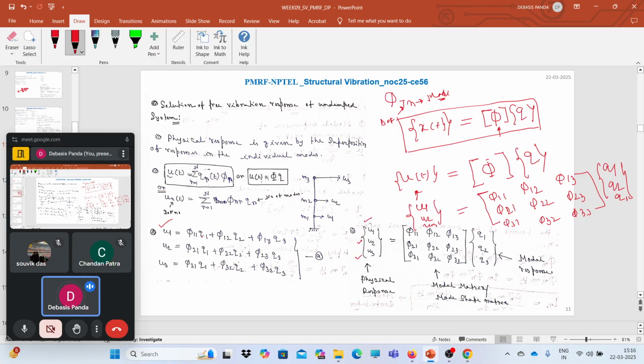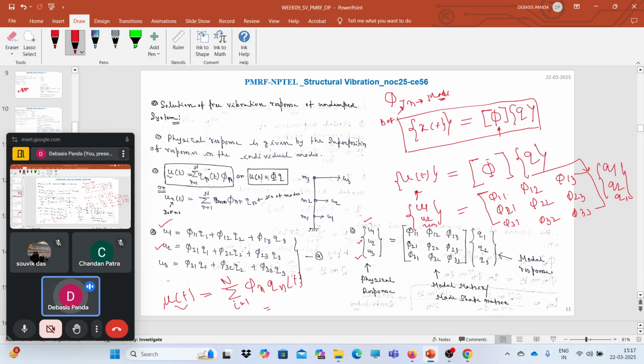Now if you equate, your u1 will become phi 1 1 q1. Just do the matrix operation: multiply in that direction, phi 1 1 q1, phi 1 2 q2, phi 1 3 q3, and so on. Now if we want to calculate the response of the second degree of freedom, again a similar kind of equation, and finally this equation looks like u of t, a vector, equals the summation of i equals 1 to n of phi n qn of t.